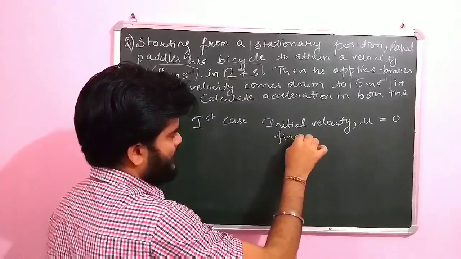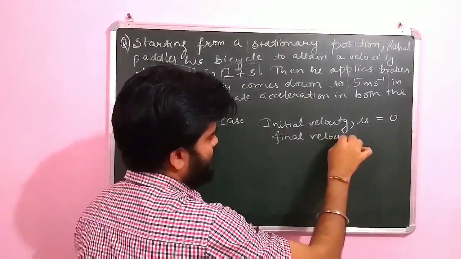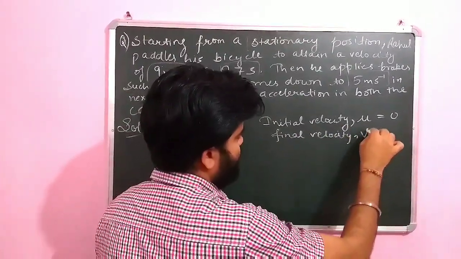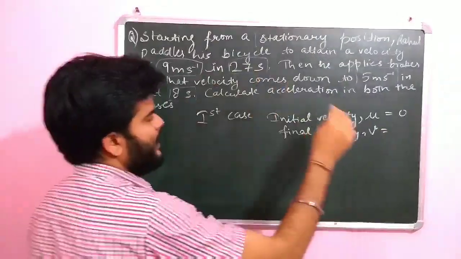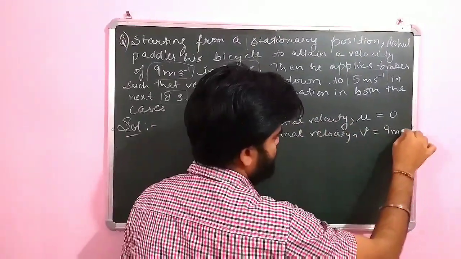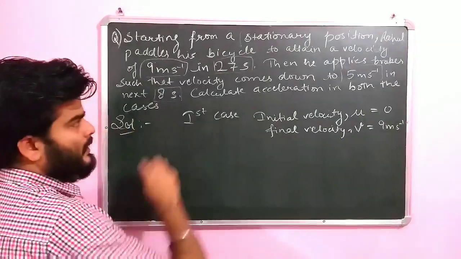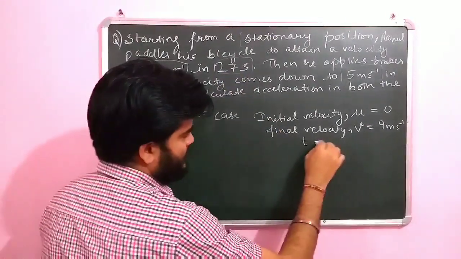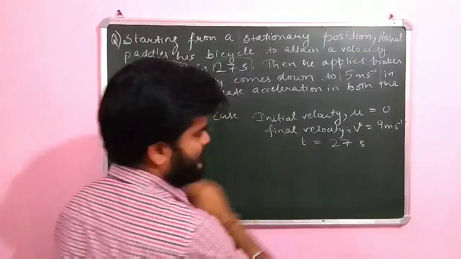So its final velocity, that is v, is what? 9 meter per second, and time interval is 27 seconds.